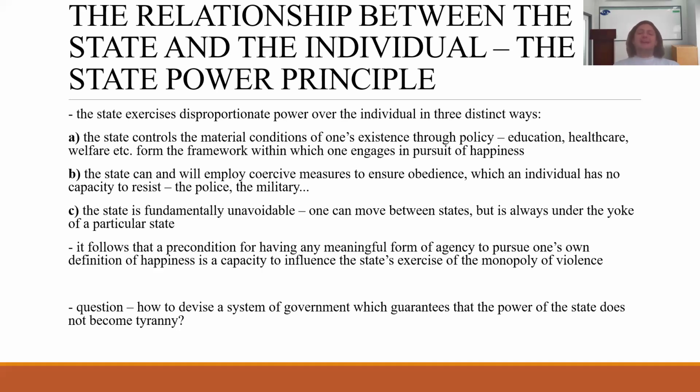How do we create a system of government that will guarantee that this disproportionate power of the state is exercised legitimately and does not become tyranny? So how do we ensure that we avoid tyrannical government is a crucial question in devising a political system.